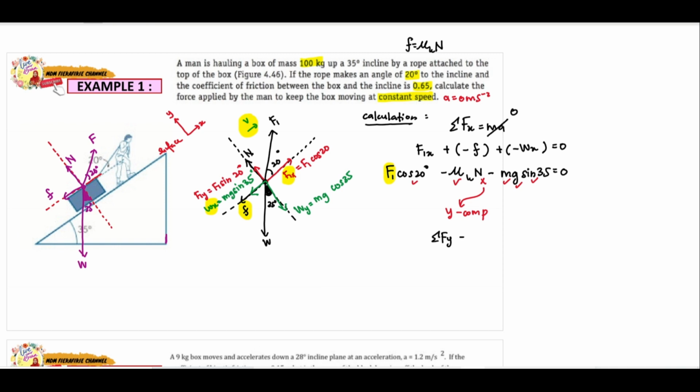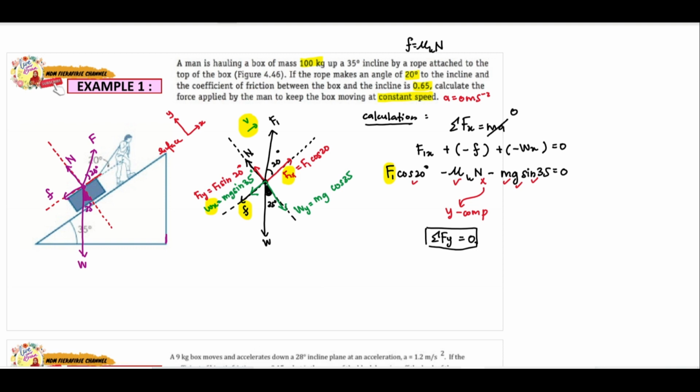Total Fy pula is equal to 0. Total Fx equal to 0 because it's moving with constant speed. Tapi total Fy equal to 0 because the object is not moving in Y direction. Okay? So total Fy equal to 0. So tengok pada kita punya free body diagram, ada berapa banyak force dalam tu.